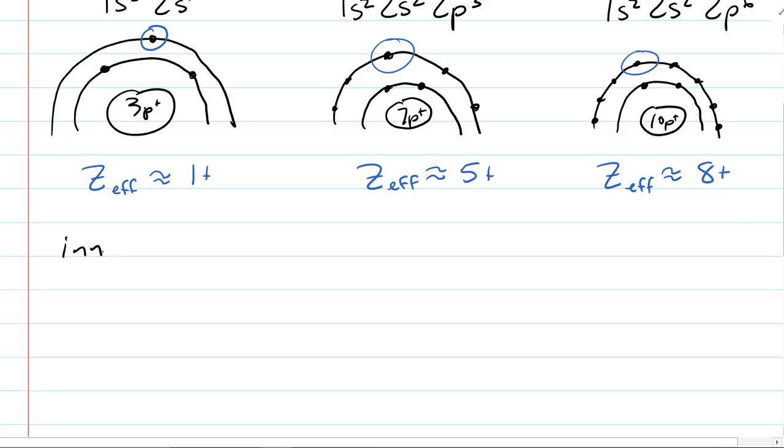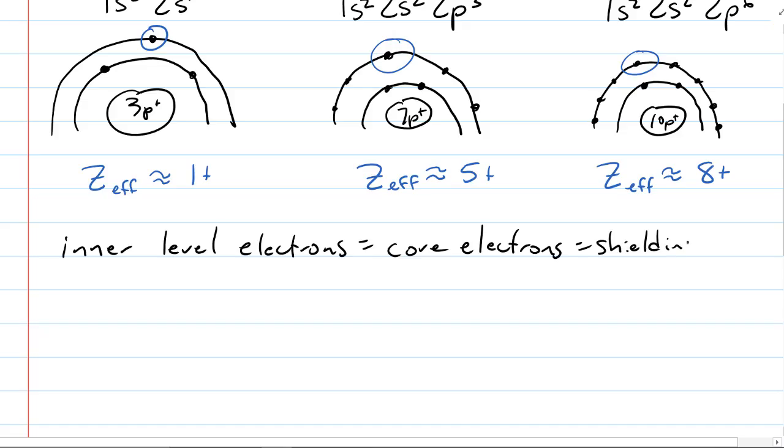We say that they're core electrons because they're part of that inner core. We also call them shielding electrons because they in effect are shielding the valence electrons from the nucleus. So again, those inner level electrons are called shielding electrons because they shield the valence electrons from the full effect of the nucleus.